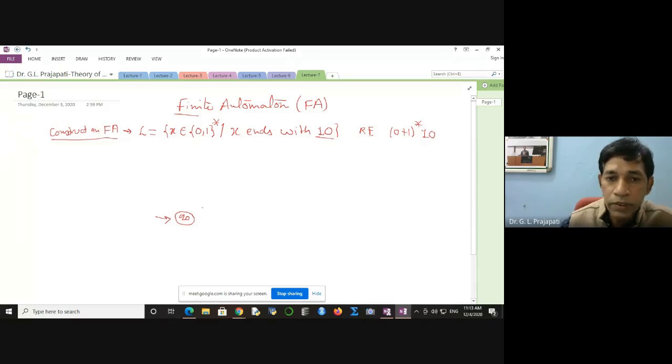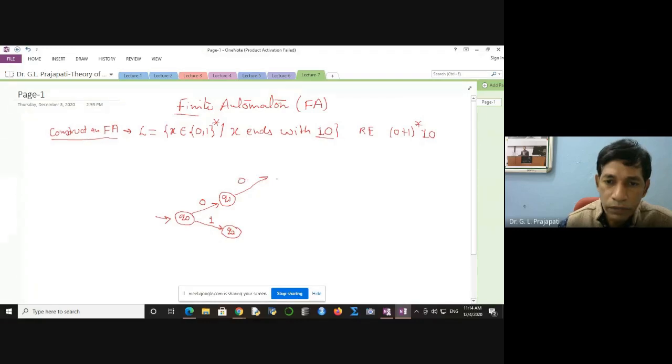Now, once you are in the initial state Q0, then you have two situations. You are getting either 0 and you go to Q1, or you are getting 1 and you go to the state Q2. Whenever you are in Q1, you can have two further situations.